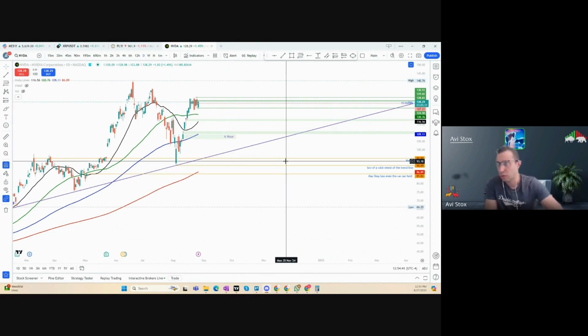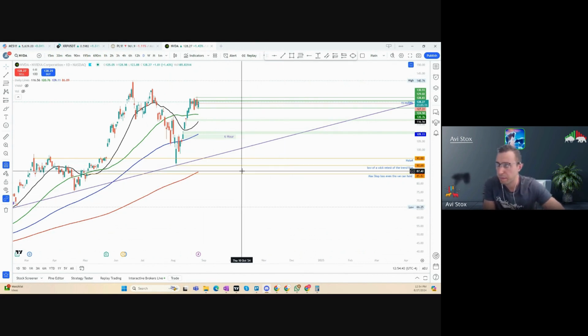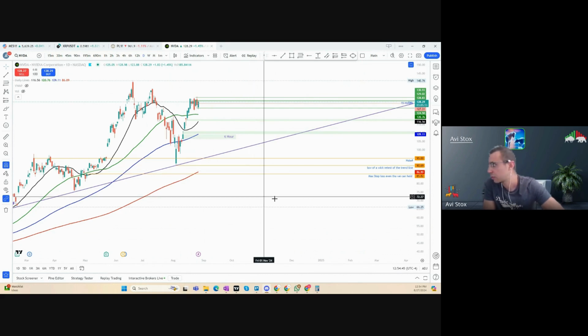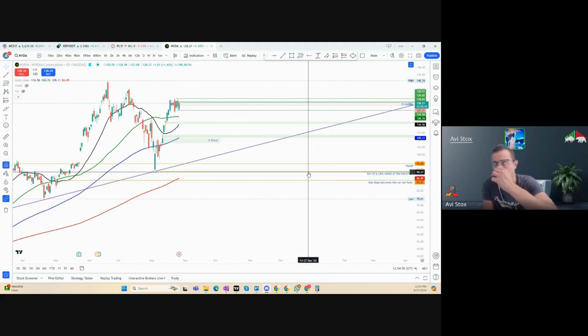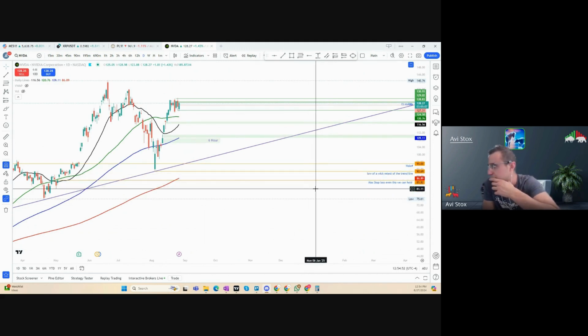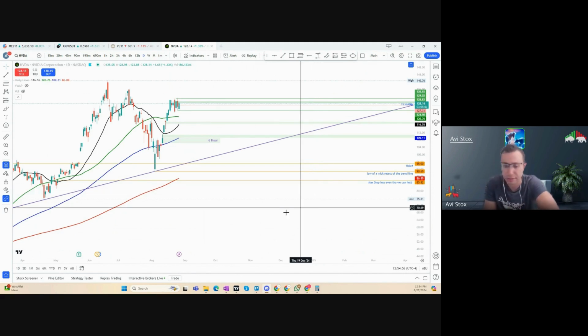And I would want to put my stop loss at 90.60.